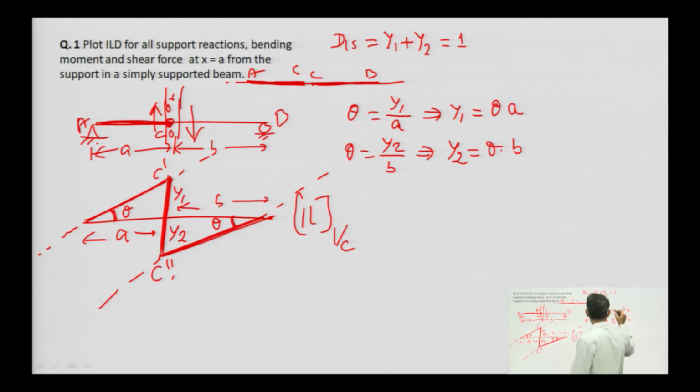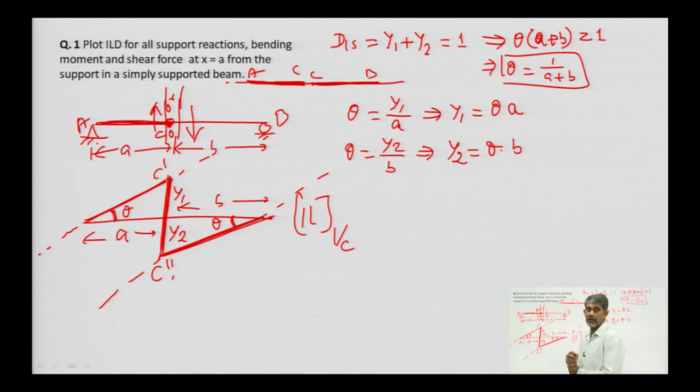Put the value of y1 and y2 here, what are we getting? We are getting theta common, so theta times (a plus b) is equal to 1, and we get the value of theta as 1 upon a plus b.